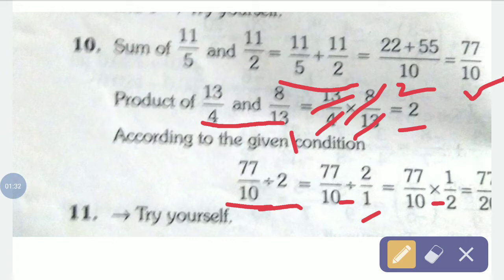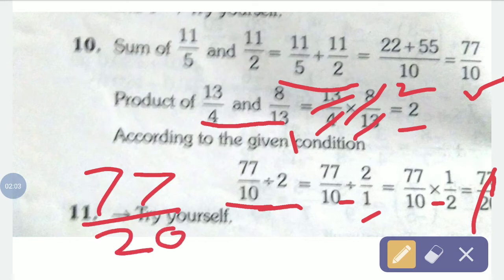So it will be 77 multiplied by 1, multiplied by 10 and multiplied by 2. When you multiply, because that is a product, we multiply numerator to numerator and denominator to denominator. We are not able to reduce it, so your answer will be 77 upon 20.